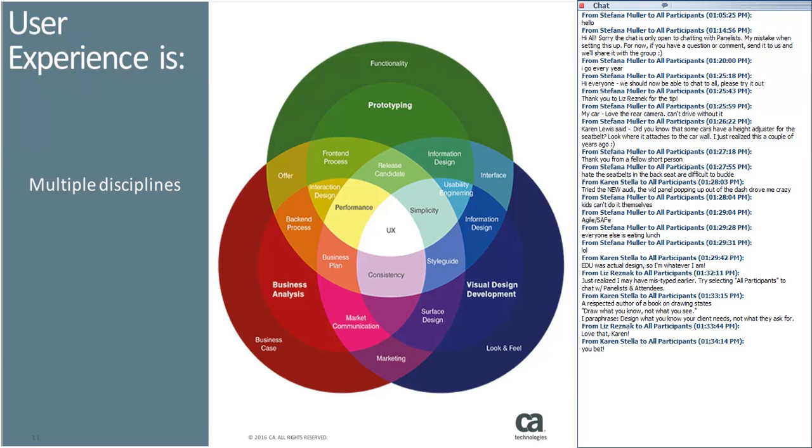Business analysis, and that includes things like understanding what your competitors are doing, understanding marketing communications. We've been having some very interesting discussions with our marketing and branding people for CA, because most of what they have developed in terms of brand standards and their color standards and so forth has been for print media.